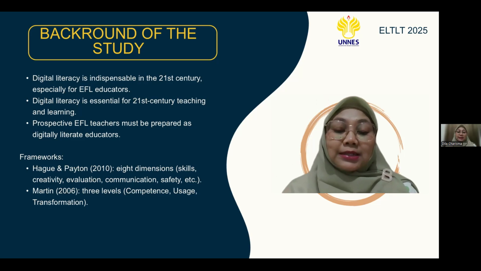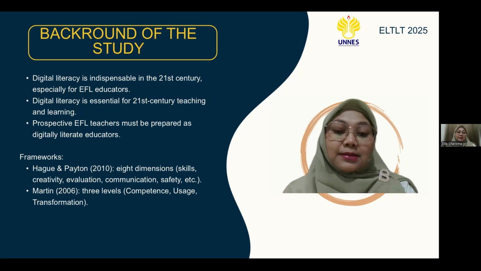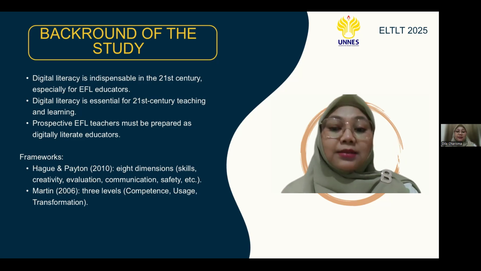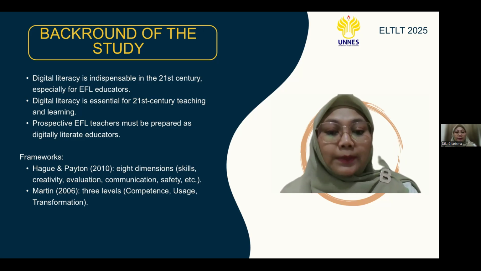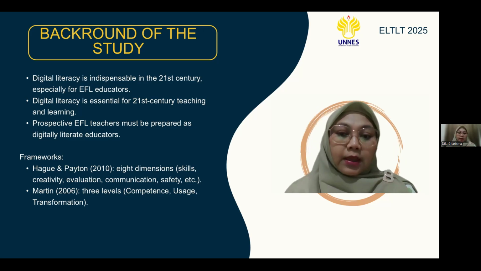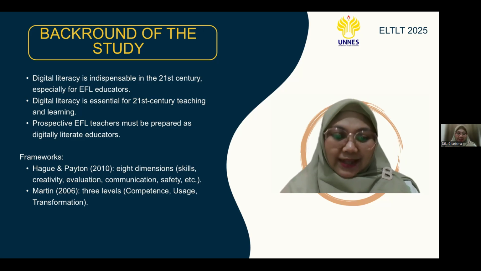Second, Martin 2006, who frames digital literacy as a progressive journey consisting of 3 levels: competence or basic operational ability, usage or purposeful application, and transformation or the innovative integration of technology for pedagogical change.